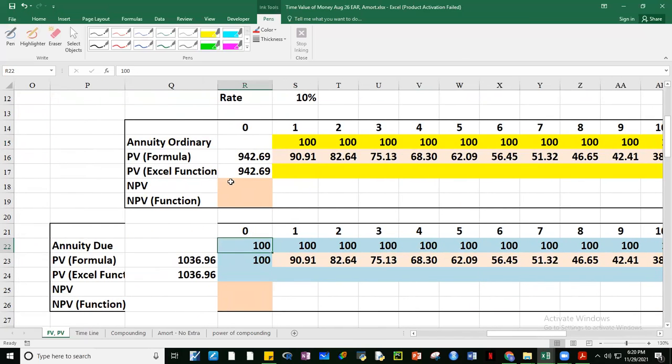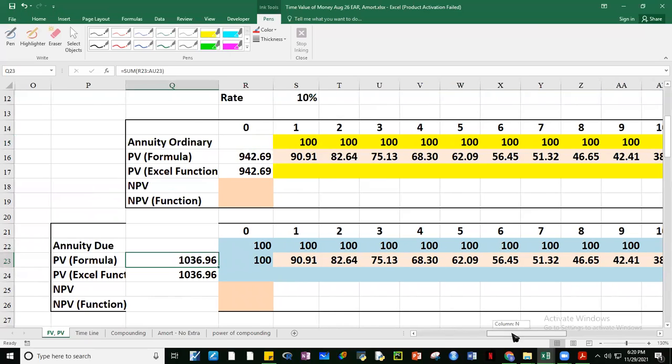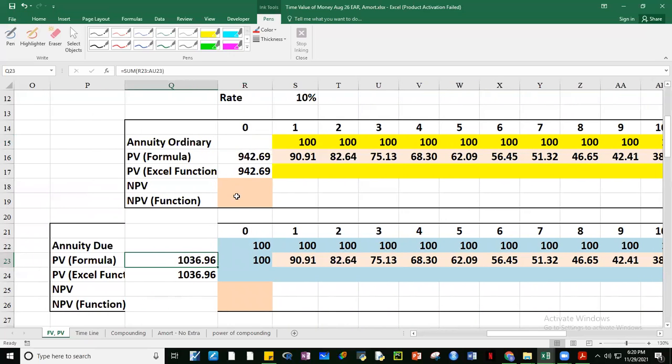If you compute the present value, this is 942, and this is 1036.96. So the present value of the annuity due is bigger, assuming the number of cash flows and the annuity amount are the same.